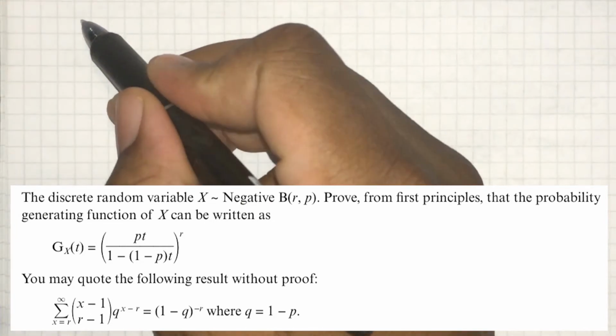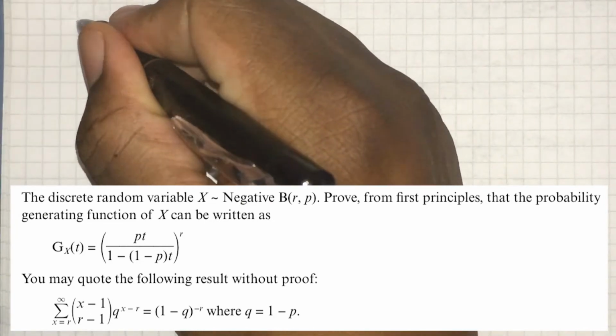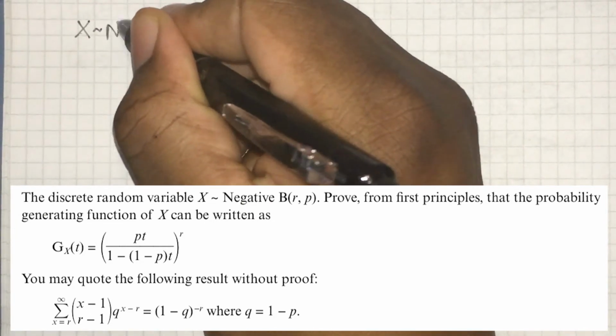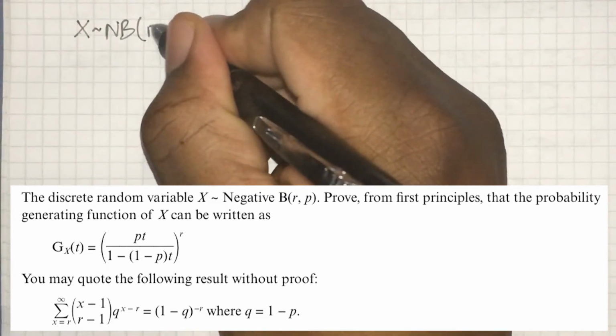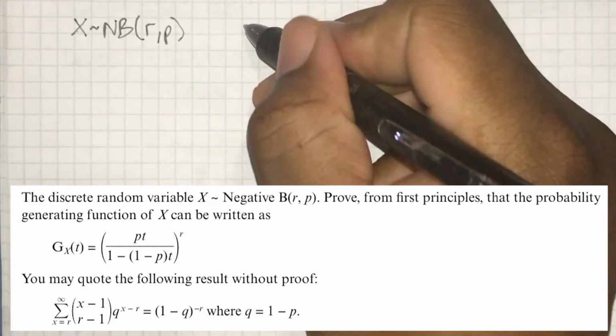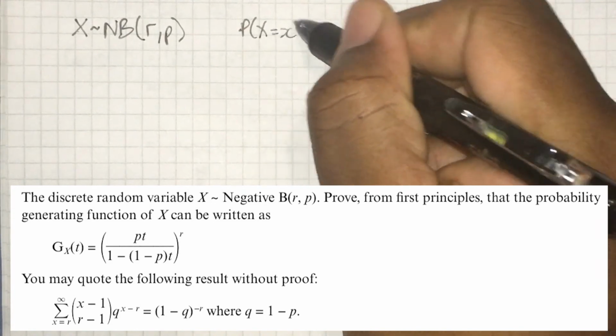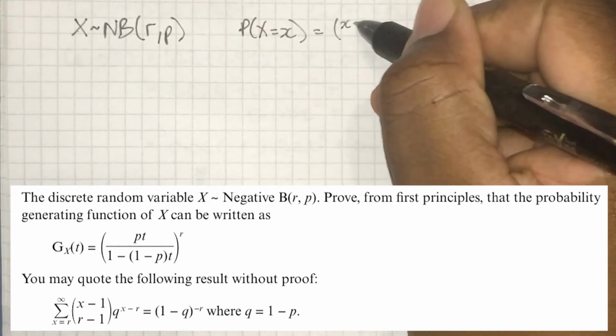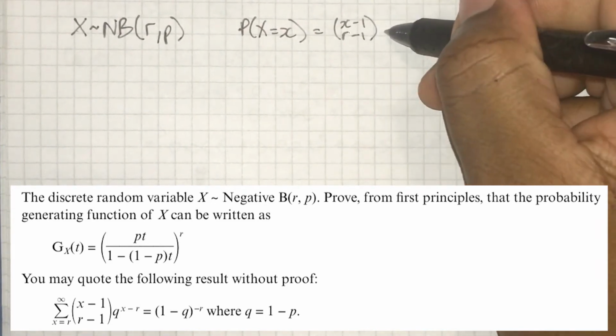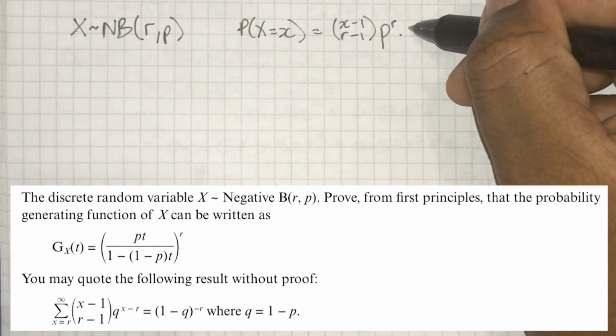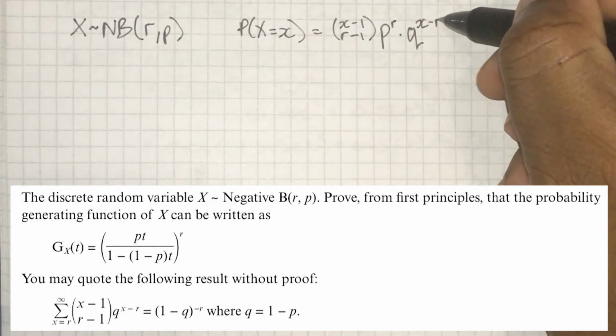Okay, so we'll do one more for the negative binomial. So starting in the same place, the probability function for the negative binomial is x minus 1 c r minus 1, as in an nCr statement, p to the power of r, q to the power of x minus r.